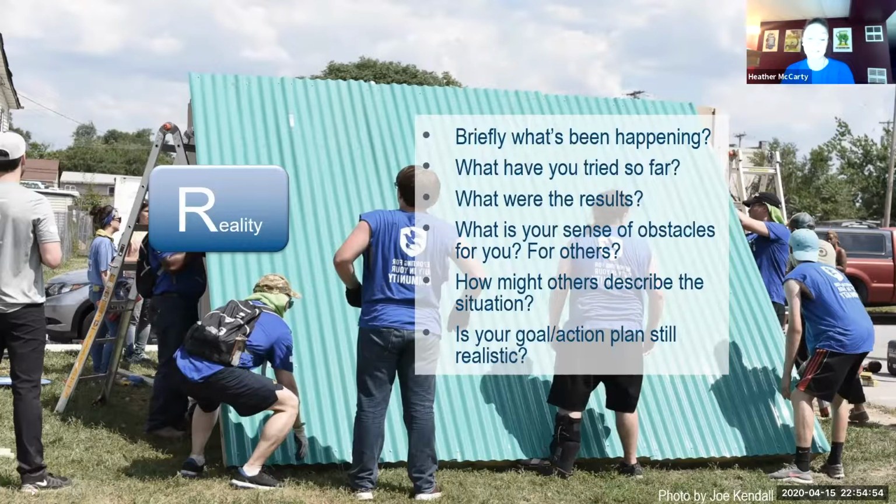It also is a chance for you to explore what impact could this have on other people, and how might other people be experiencing the same situation. And it's at this place, as you go through this set of questioning, you're able to really check yourself to say, is the goal that you first identified, is that even realistic? Does it make sense? Is it worth your time in order to move forward?